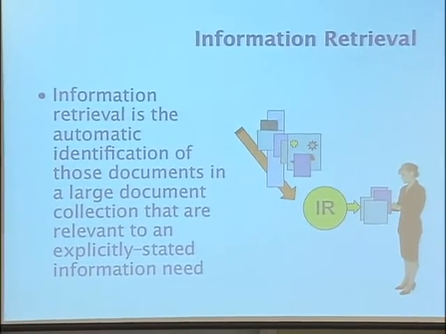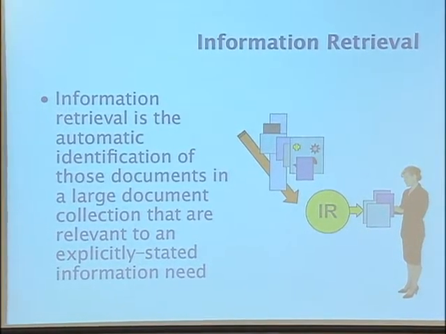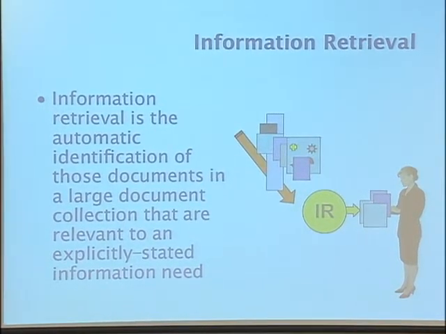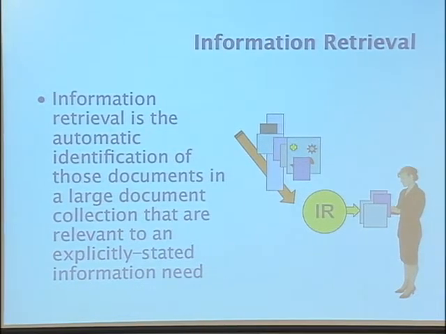You have a user here. There are different levels of relevance. So some documents are very relevant, some are less relevant but still useful. Some are only relevant in the context of other documents, or a duplicate is not relevant if you've already seen it. And so you have a user who has a stated information need. Okay, so that's the environment that we're dealing with in information retrieval.